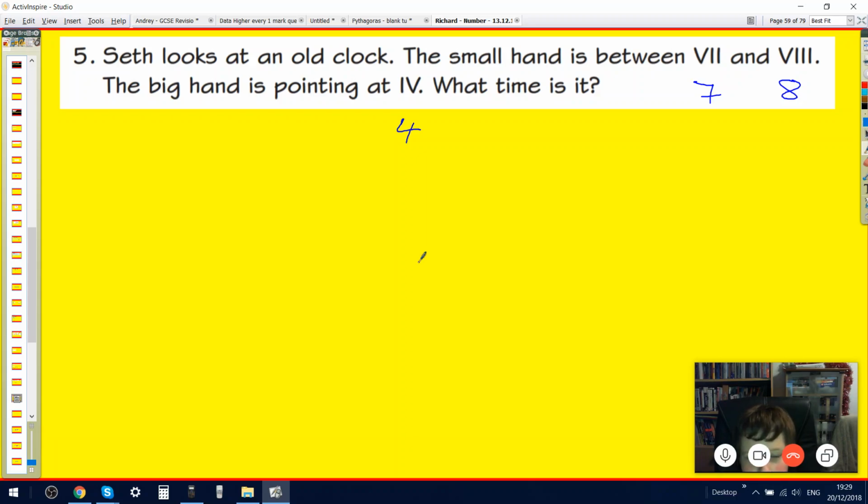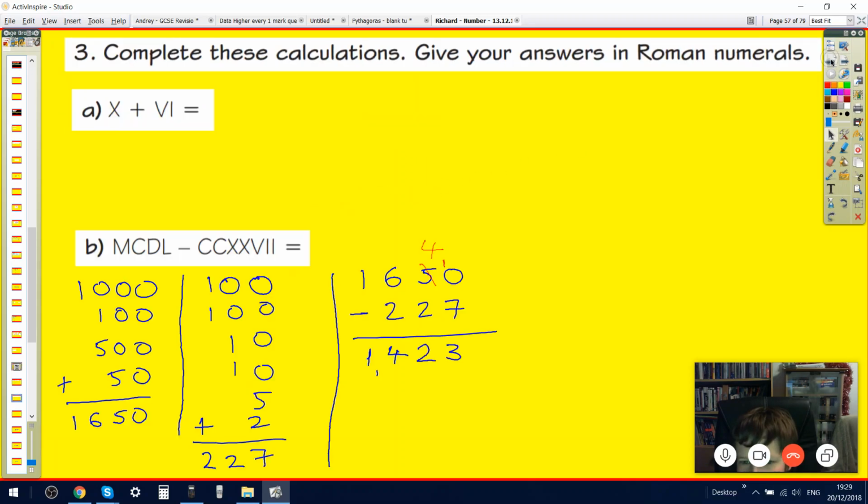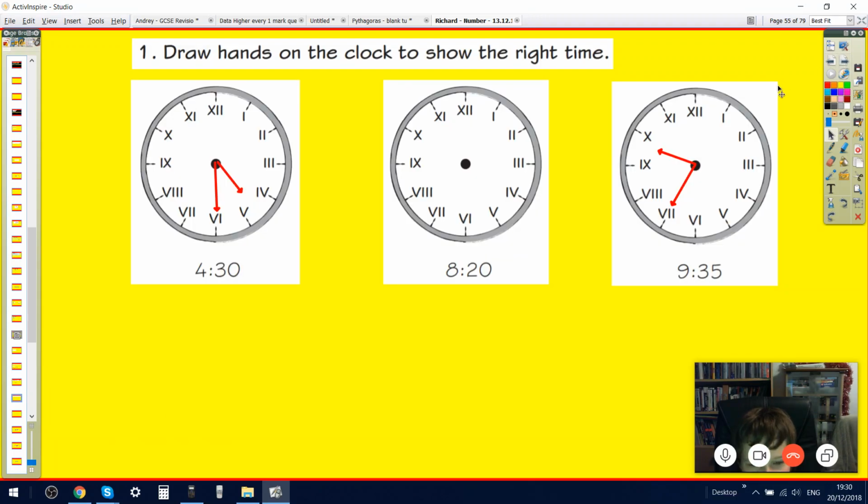So the small hand must be pointing at the 6, which means half an hour. Hold on. Why is it pointing at 6? Let me get my little clock. One second.